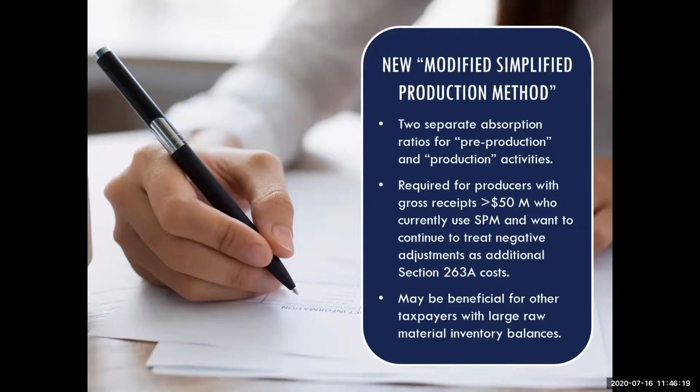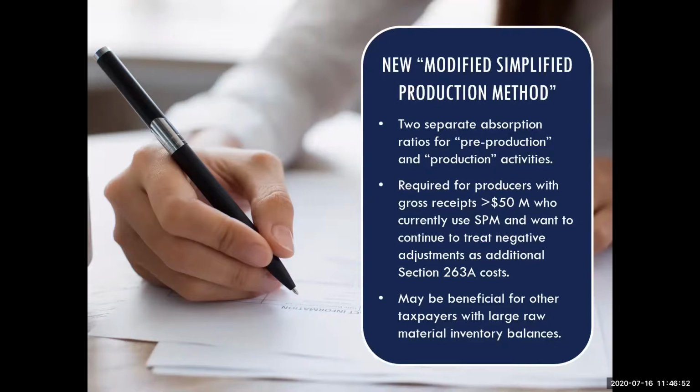The first formula is focused on the pre-production costs and activities and capitalizes those costs just to goods that have gone through that stage. The second formula addresses the actual production and post-production costs and activities and only capitalizes those costs to goods that would typically be associated with the WIP or finished goods stage.